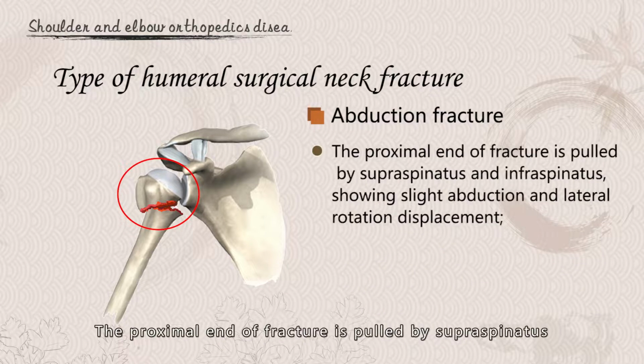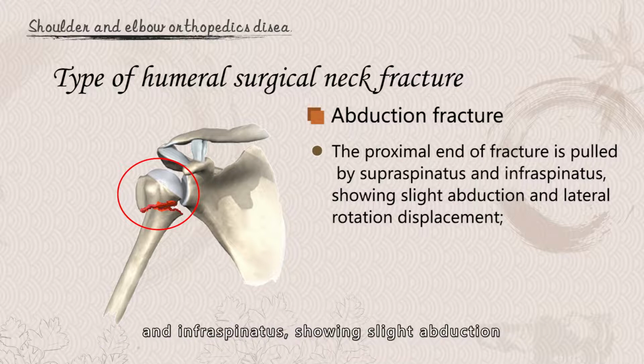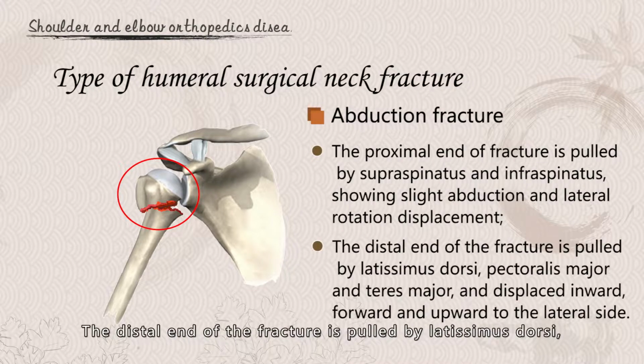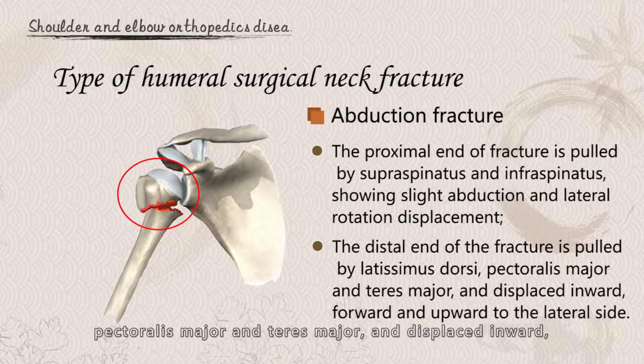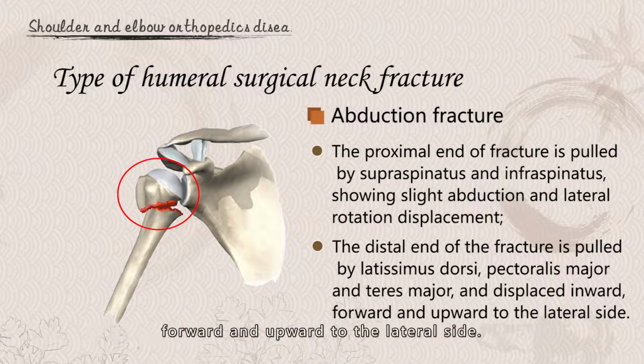The proximal end of fracture is pulled by supraspinatus and infraspinatus, showing slight abduction and lateral rotation displacement. The distal end of the fracture is pulled by latissimus dorsi, pectoralis major, and teres major, and displaces inward, forward, and upward to the lateral side.